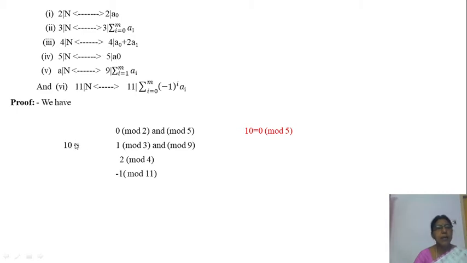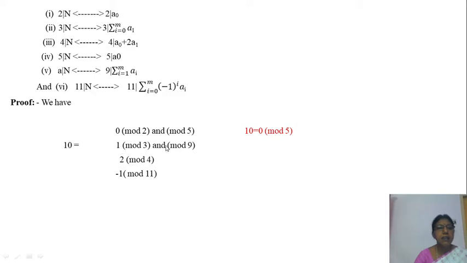Next, 10 congruent 1 mod 3. What does it mean? 3 divides 10 minus 1, that is 9. 3 divides 9. Next, 10 congruent 1 mod 9 means 9 divides 10 minus 1.